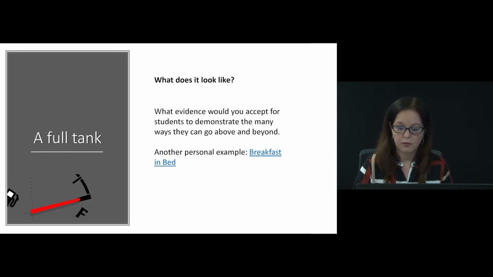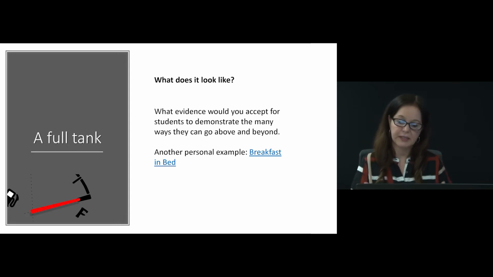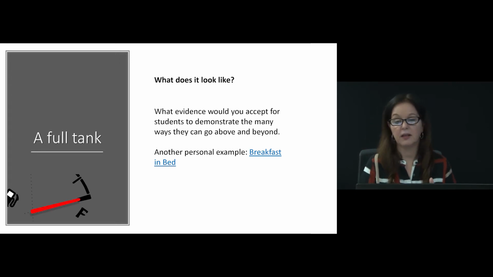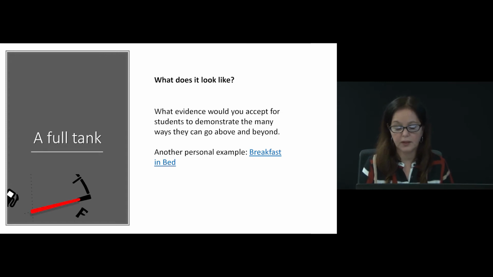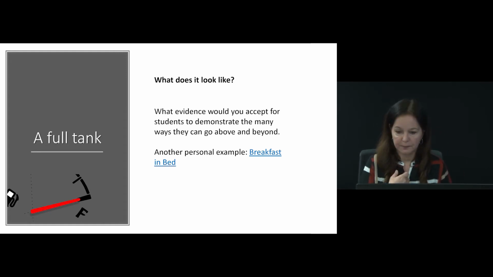So for something that just is on the spot, she talks about the food being cooked correctly, it being presented to you on a tray with maybe some flowers, and how the person creating the breakfast in bed experience also considered the comfort of the person receiving the breakfast. So how will that look to me?